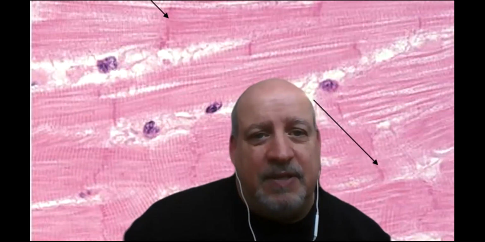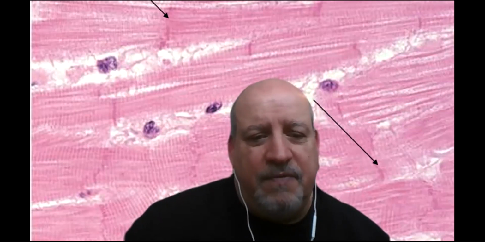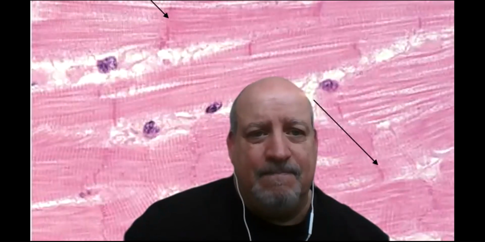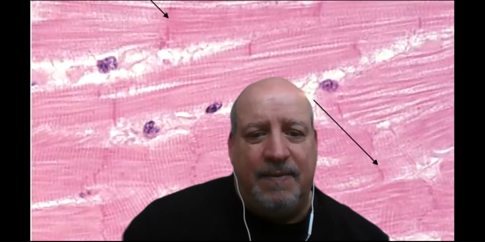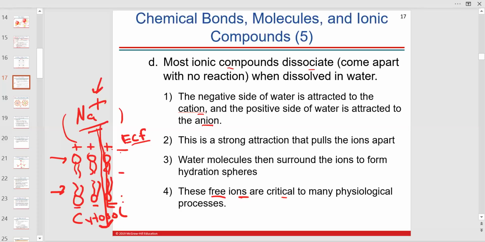So what's my point? This is my point. The nerve cells and the muscle cells have excitable membranes, and the muscle's not going to do anything unless it's excited. And what excites it? Depolarization. It's polarized, but when sodium comes in, that depolarizes the membrane of a muscle, and it goes crazy, and then it could contract.